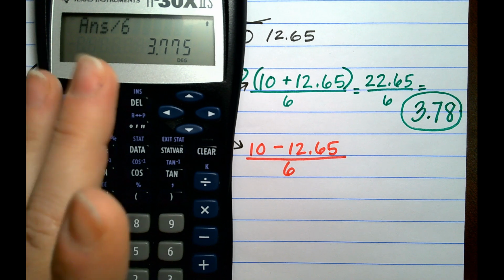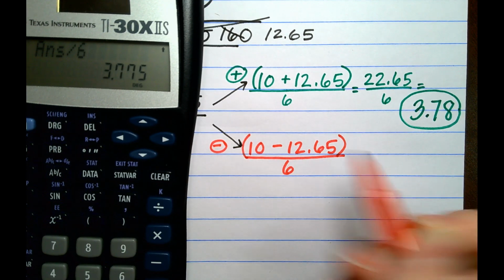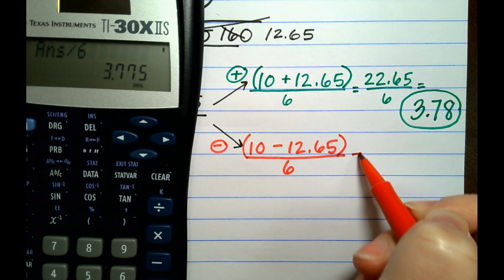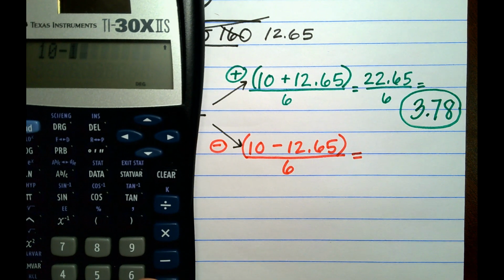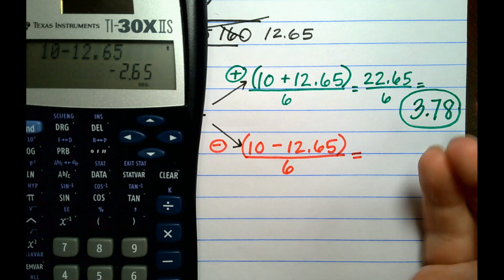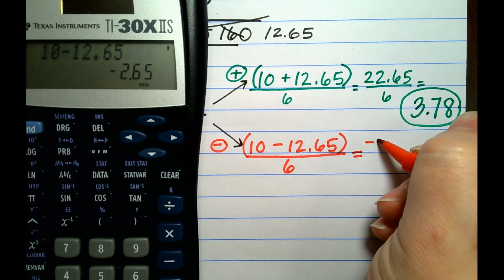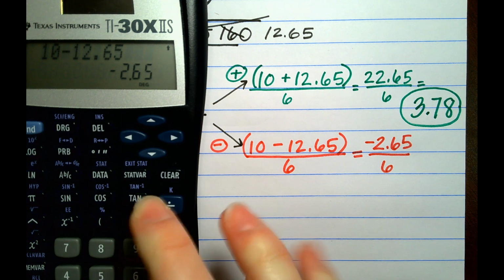Okay. So now let's do the bottom one. Remember to do the top part first. 10 minus 12.65 is negative 2.65. And now we divide that by 6.